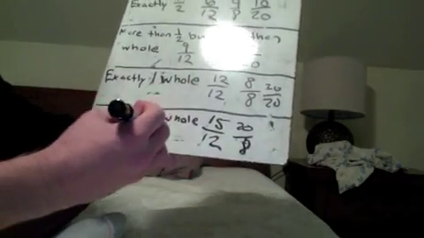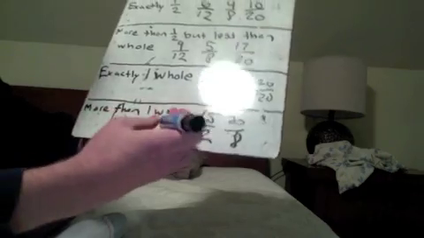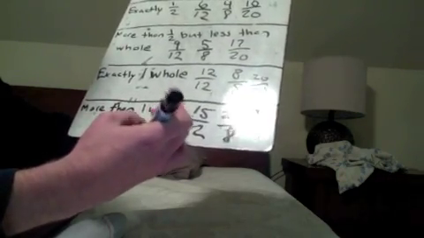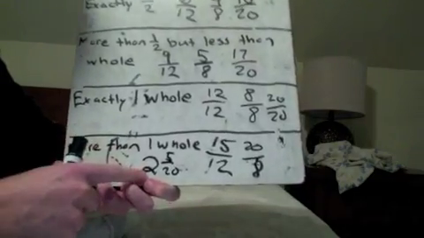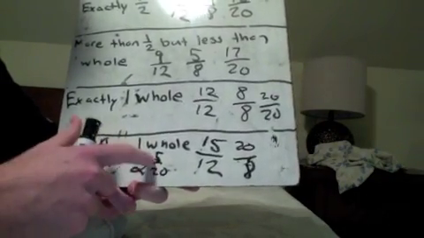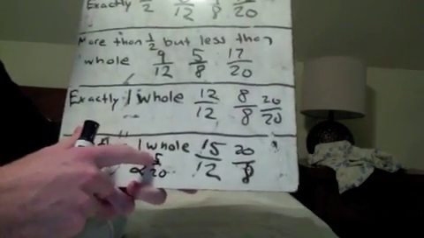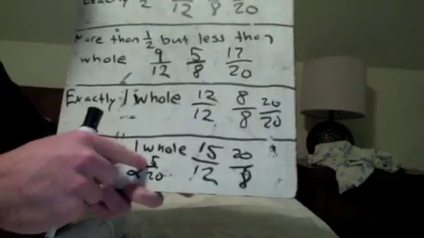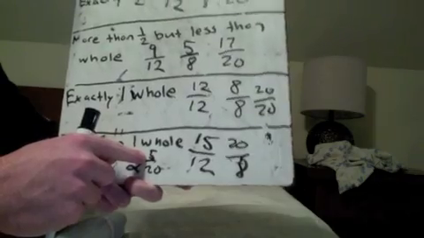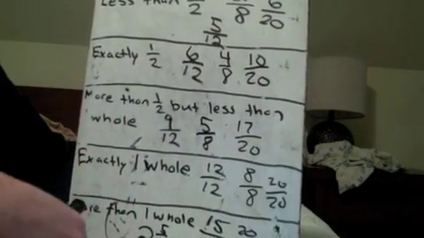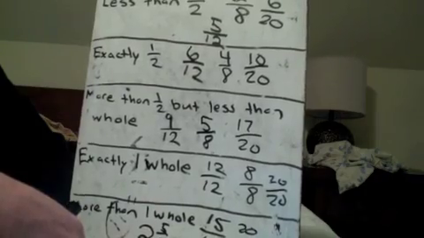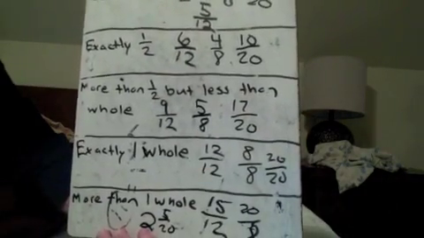If we keep with the 20ths, maybe you see 2 and 5/20. 2 and 5/20, that means you've got 2 full pans of brownies, and you've got a pan of brownies that has 5 in it. So that's clearly more than a whole, because you have 2 whole pans, and you have 5 additional brownies. We will use these benchmarking fraction pieces to help you kind of put things in order.